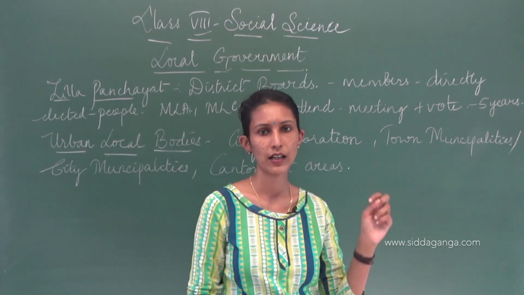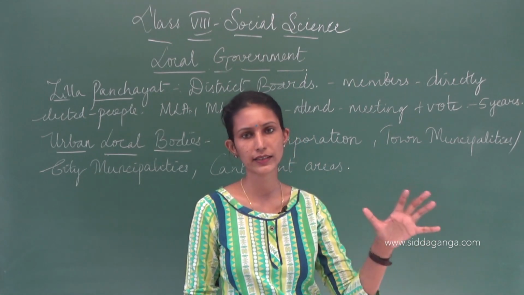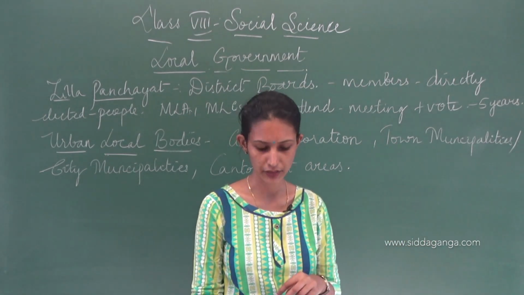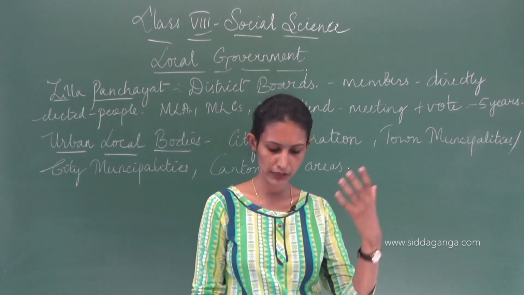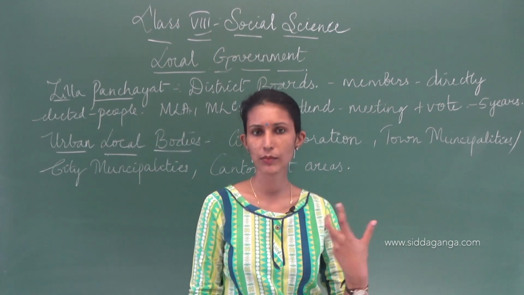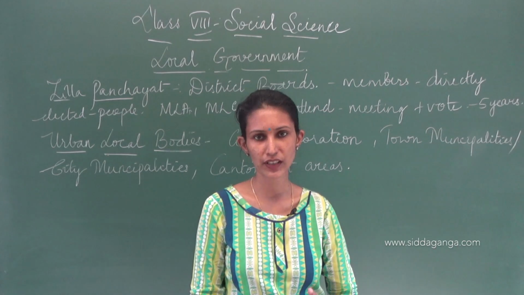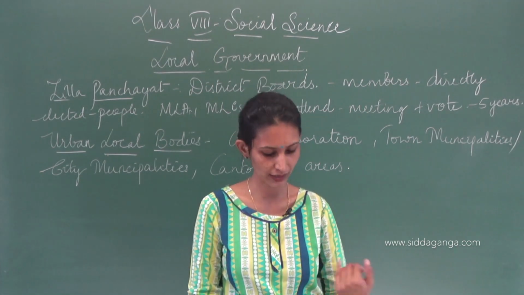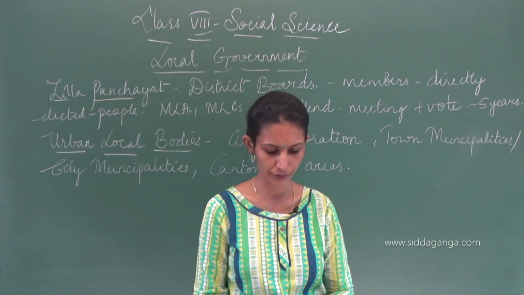Somebody else is given the charge, but that organization comes and does all that work for you. Then giving permissions to build buildings, maintenance of buildings, local bodies, properties if there are any, land permissions and other things. Then birth and death registration that they have to do.